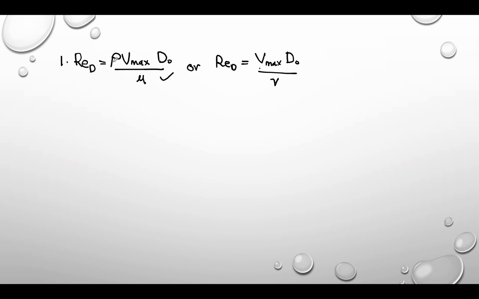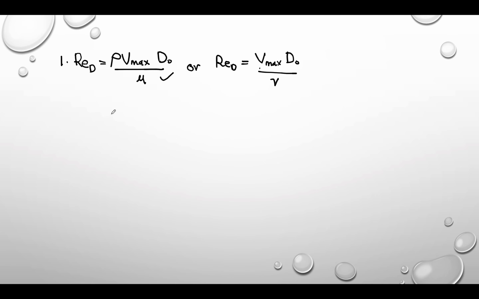The information is already given in the question, therefore I will use this equation. You may use this equation if you want to. In this example, I will use the Reynolds number equation. Now what we want to determine is V maximum, because different arrangements will have different V maximum.